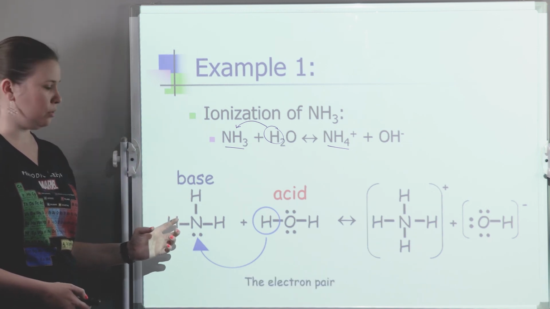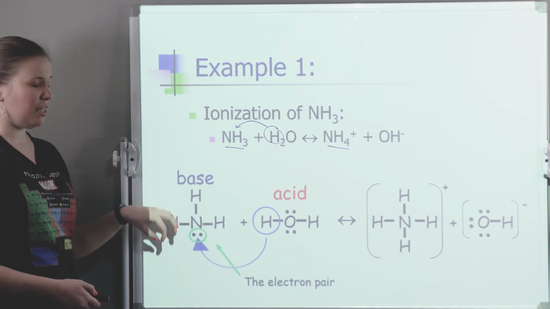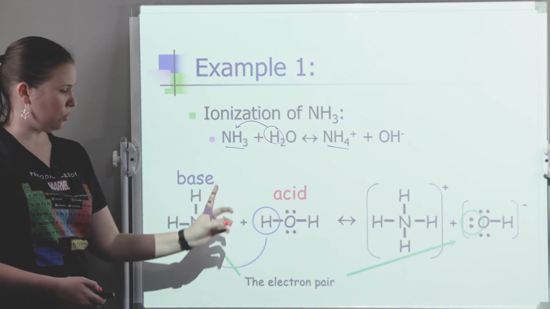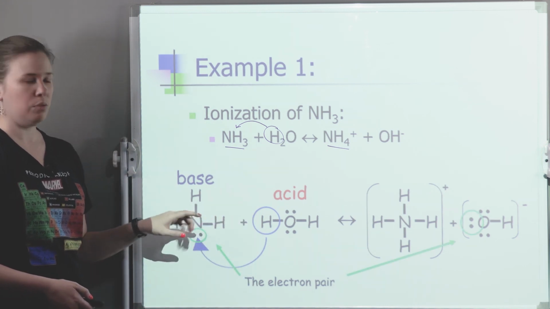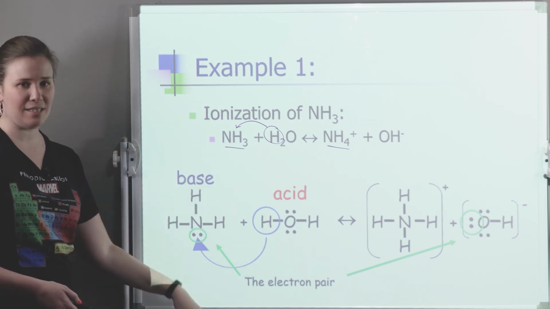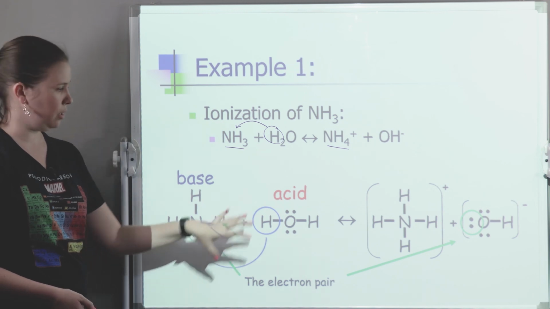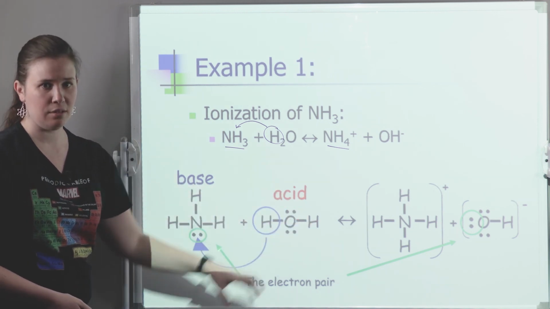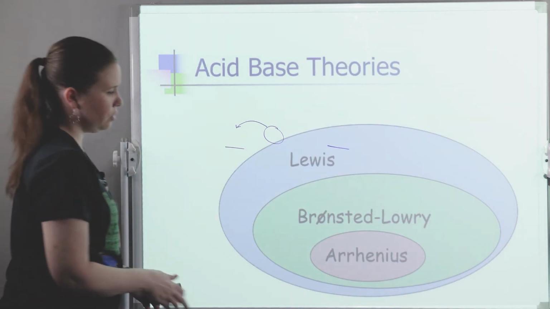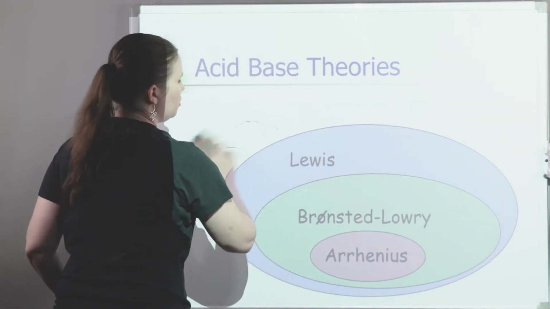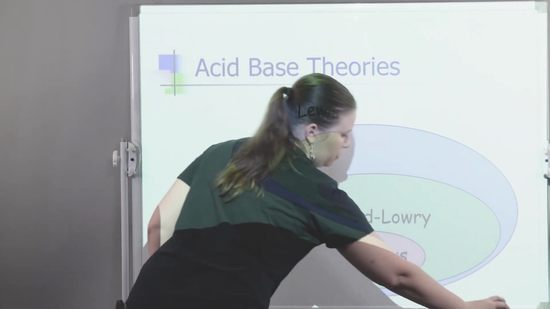It's also true, if you look at Lewis's definition, that that electron pair is going to move over to the water. So the proton acceptor is the electron donor. So it's still the base based on Lewis's theory, and still the acid based on Lewis's theory. So these theories do work together. They just have a slightly different emphasis.